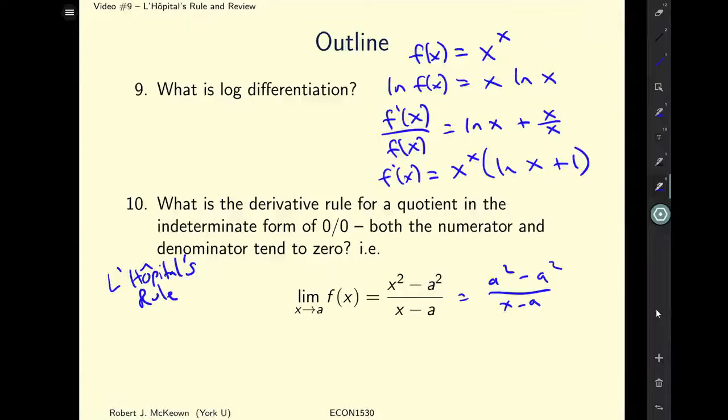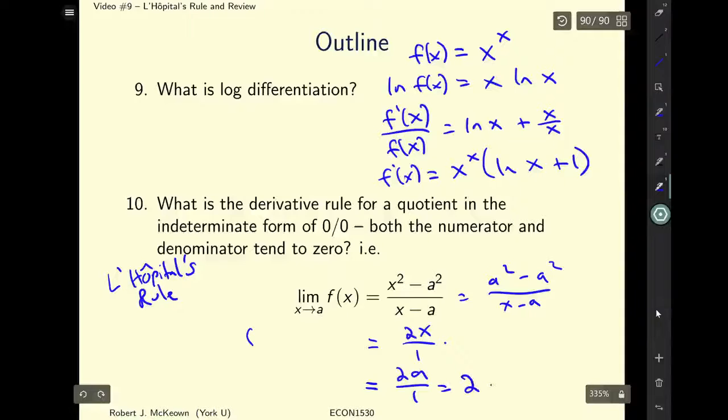Well, if I want to take the derivative of the denominator, I'm going to get 2x over 1. And then now I let x be equal to a, and I get 2a over 1, or just 2a.